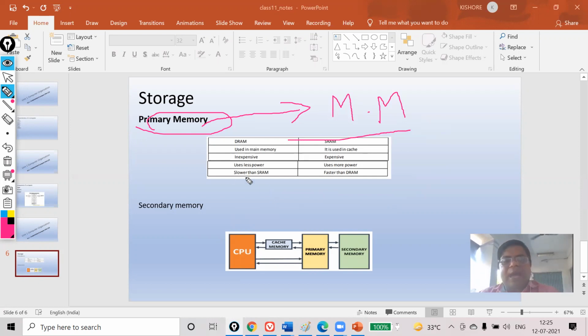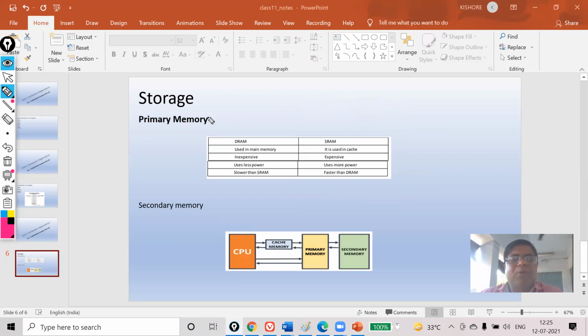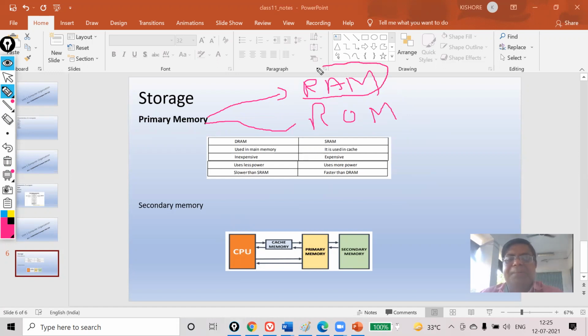When I am talking about primary memory, it is divided into two types: RAM and ROM. What is RAM? It is the primary volatile memory, which means its data gets lost once the power supply is stopped.